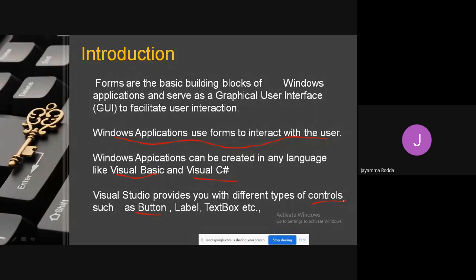Those controls are like button, label, text box, message box, radio button, list box, check box. Many controls are there. All those controls are used in order to develop a Windows application.